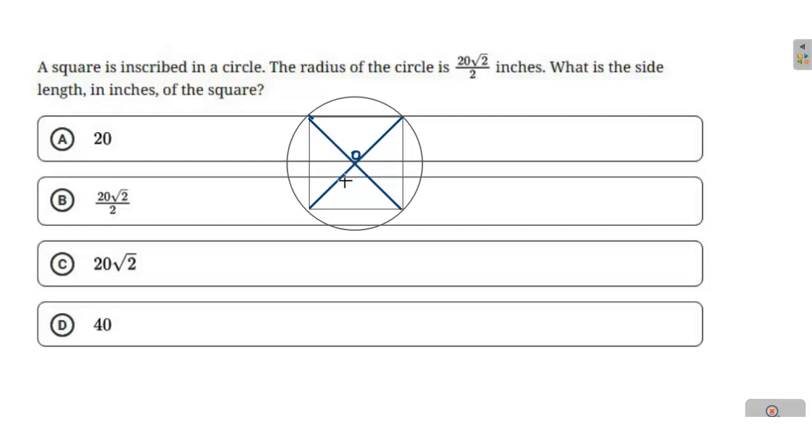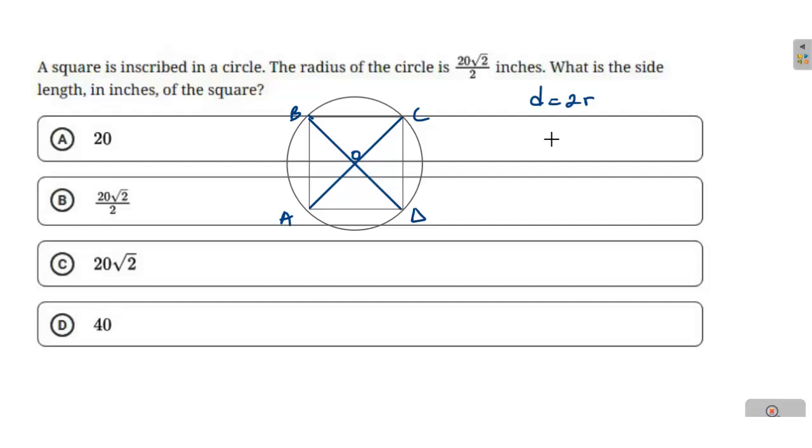All right, so our interest now is: what is the side length? Let me label the vertices A, B, C, and D. From here to here is the radius of the circle, and there's a relationship between radius and diameter: D is equal to 2r.